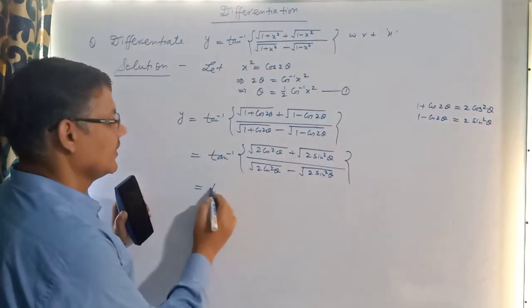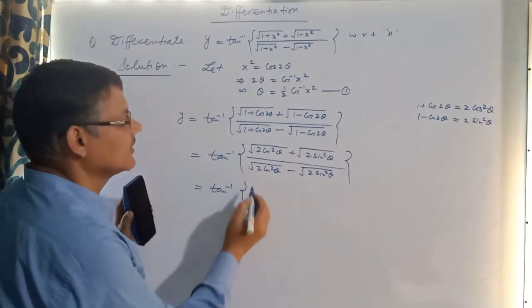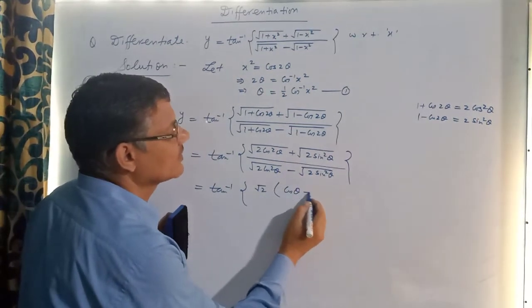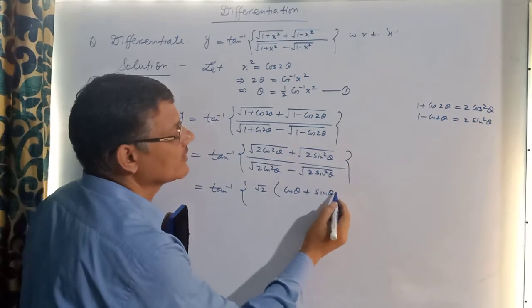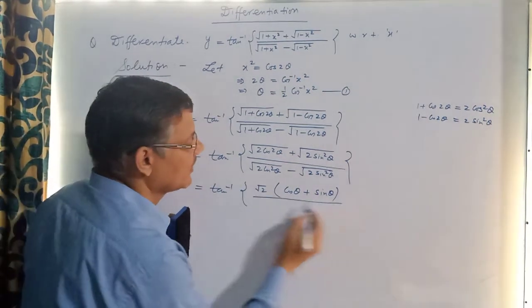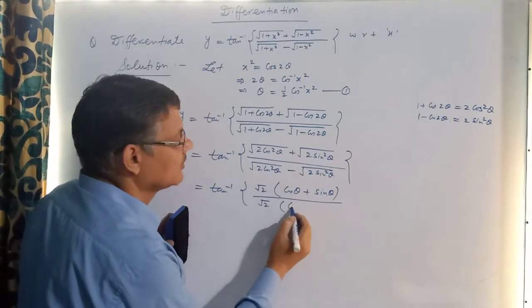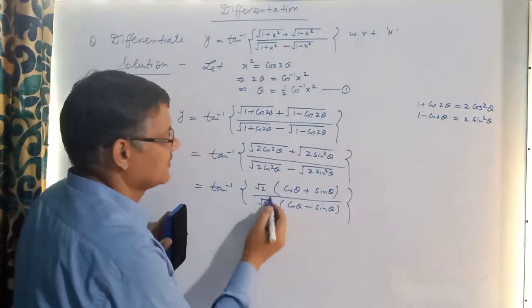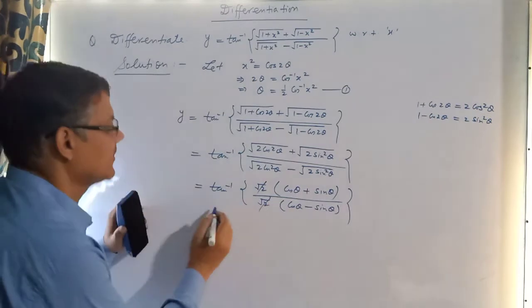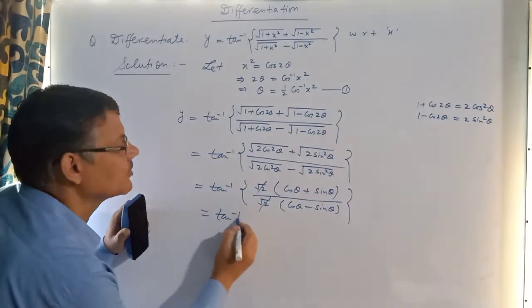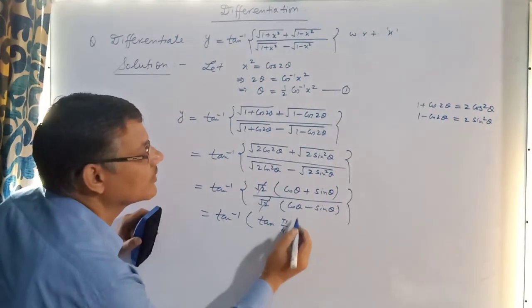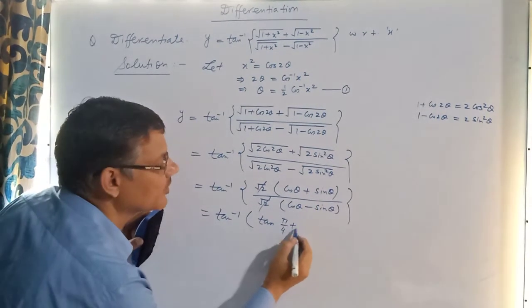It means we get tan inverse of root 2 taking common, cos theta plus sin theta, divided by, again root 2 common, cos theta minus sin theta. Yes, since it is the expansion of tan of pi by 4, if this sign is plus, then it is plus theta.